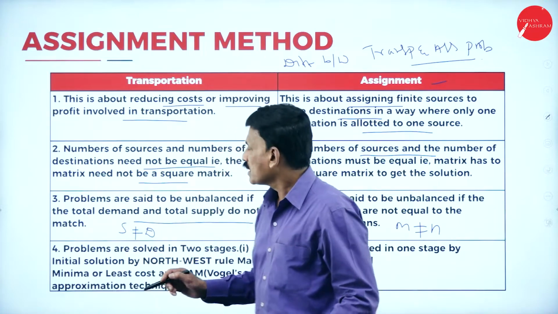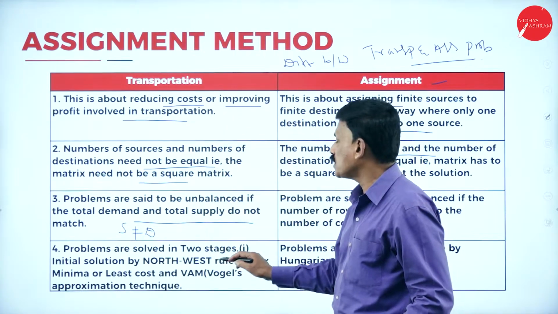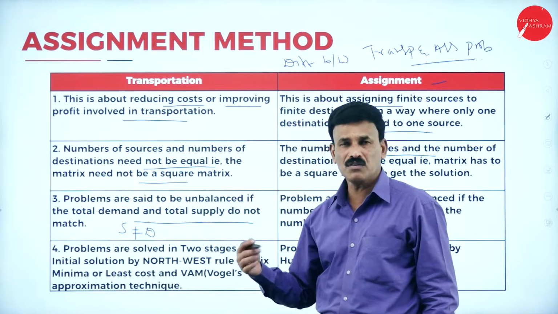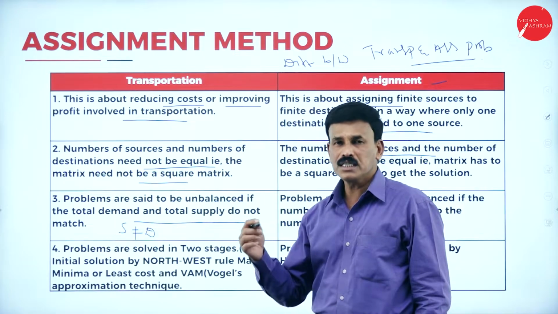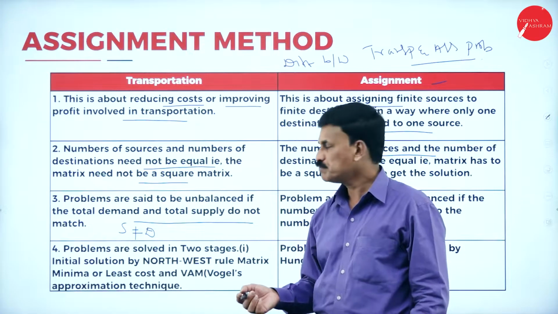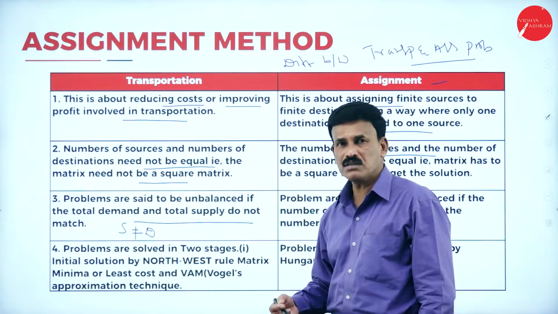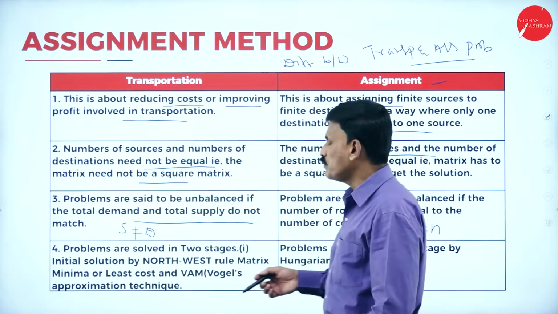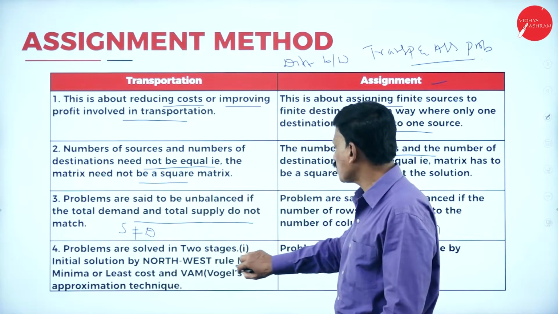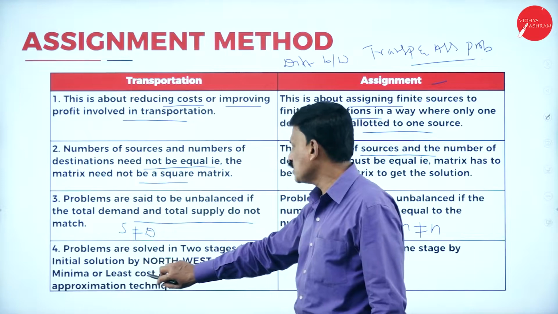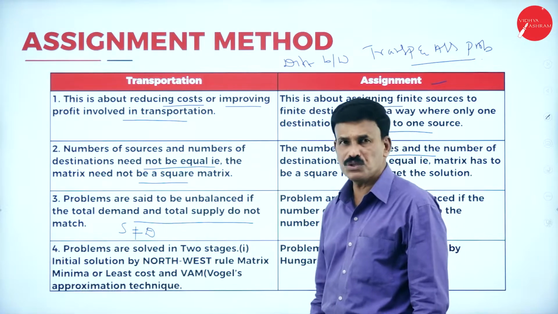Next, the transportation problem can be solved in two stages, which we have already studied. The methods are the northwest corner method, the least cost method or matrix minima method, and Vogel's approximation method.